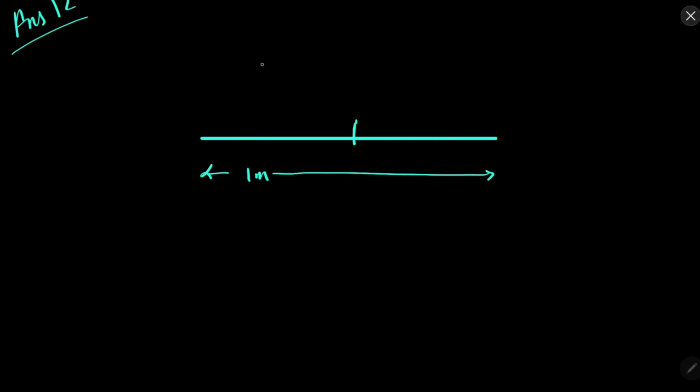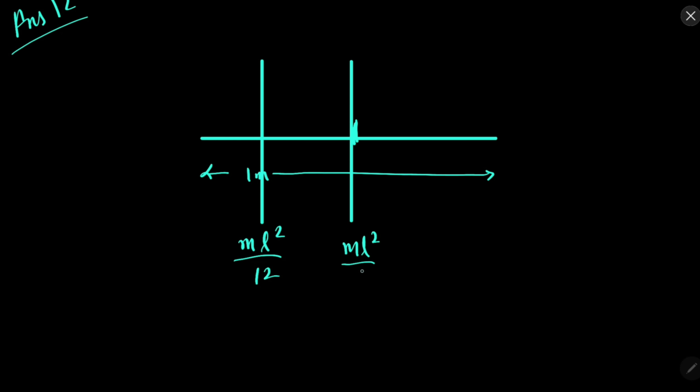Now there is a perpendicular line about which we are having this moment of inertia that is given to us. So let's say the moment of inertia about the center is ml square by 12. Now from this line it will be ml square by 12 plus md square, where d is the distance between the two axes.